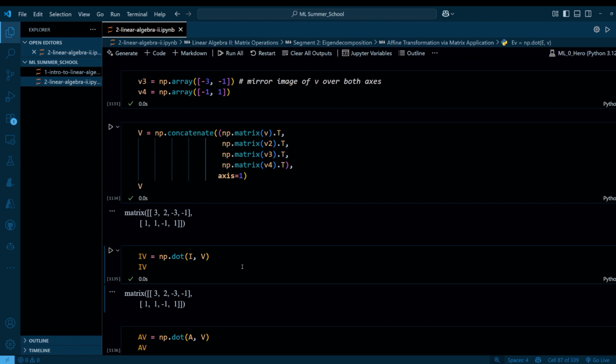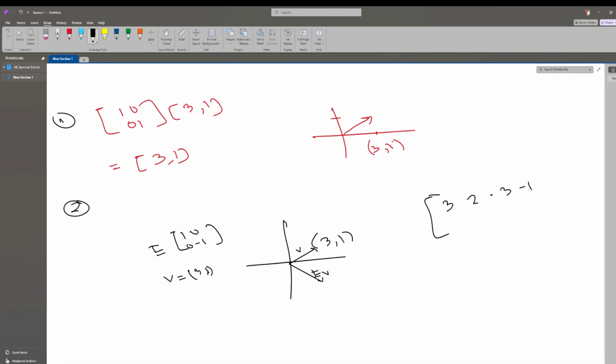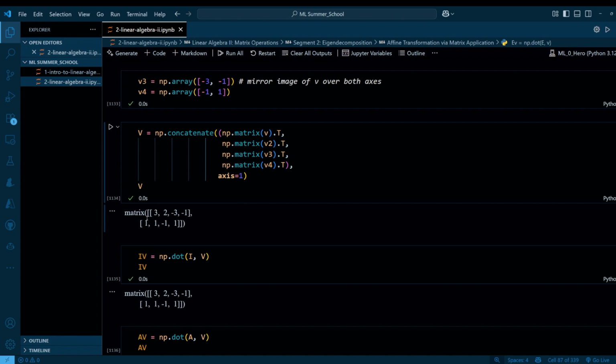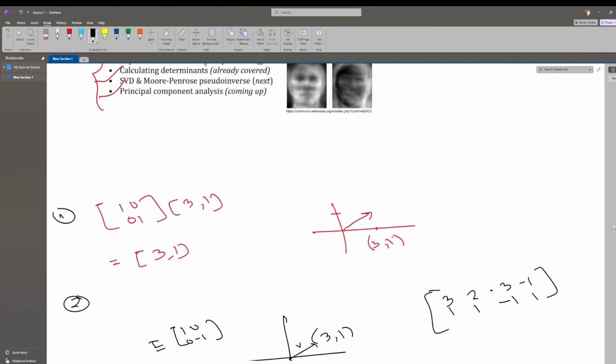This matrix 3 2 minus 3 minus 1, let me just write. 3 2 minus 3 minus 1, sorry, and 1 1 minus 1 1.